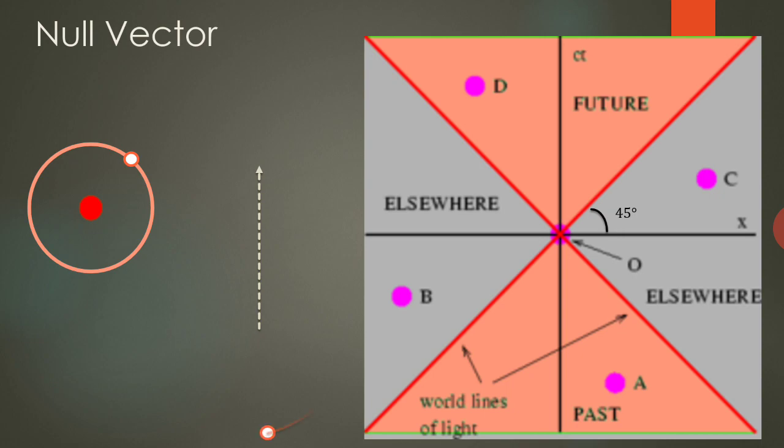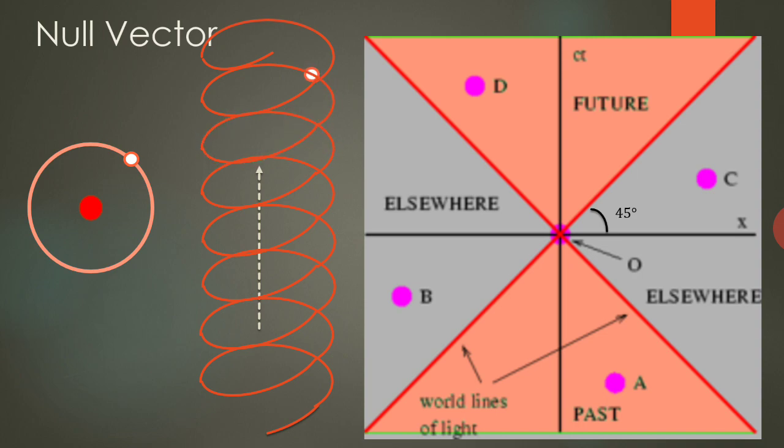So that can be represented by a spiral motion. The circular motion is now transformed into a spiral motion because we need to plot it as a function of time along the z direction. So this is the world line for a planet.